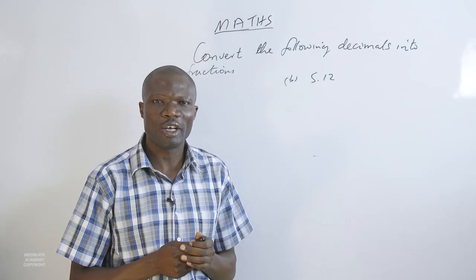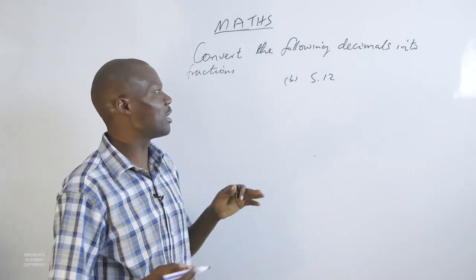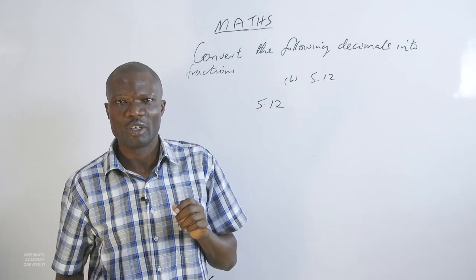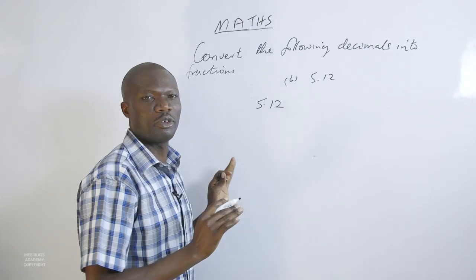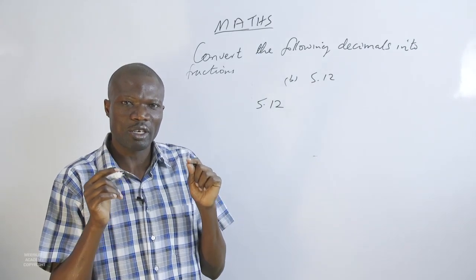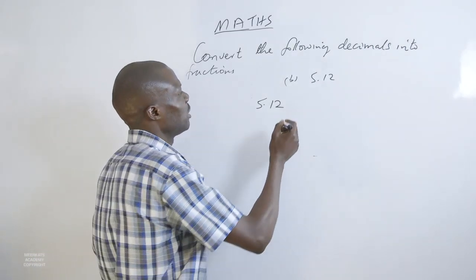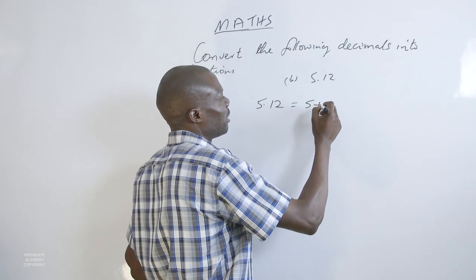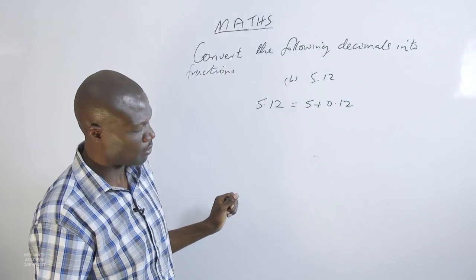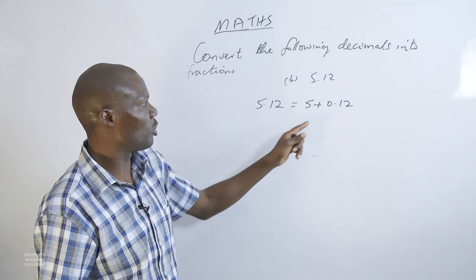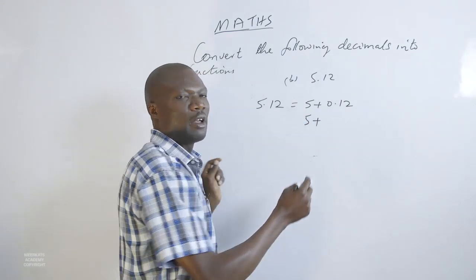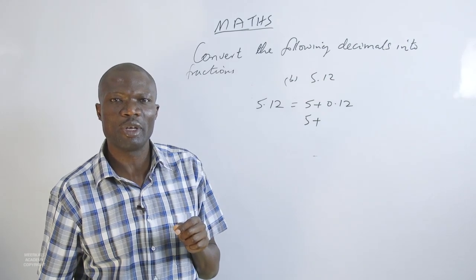If it is a whole number and a decimal part, like 5.12, first the 5 will remain. It's a whole number. Our interest is the decimal part. So this one is the same as 5 plus 0.12. So this one gives us 5 plus 12, and how many decimal places?